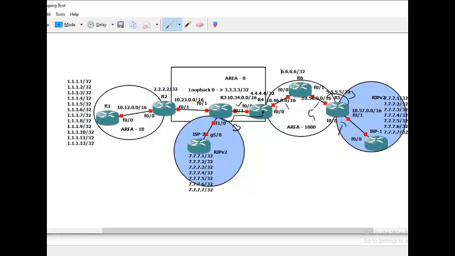When you redistribute, if you say E1, path cost will be added. It is 5. Whereas going this way, it is only 3 plus 1, 4. So this router will go this way, which you don't like.